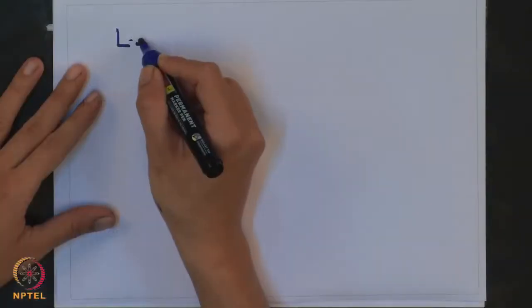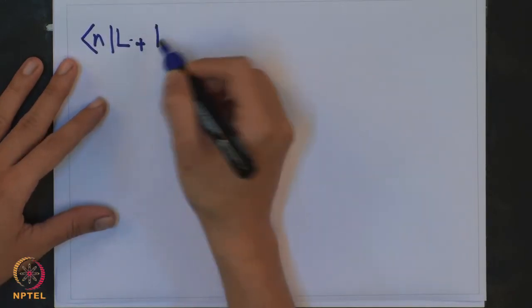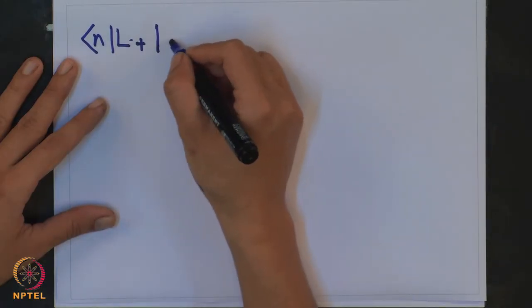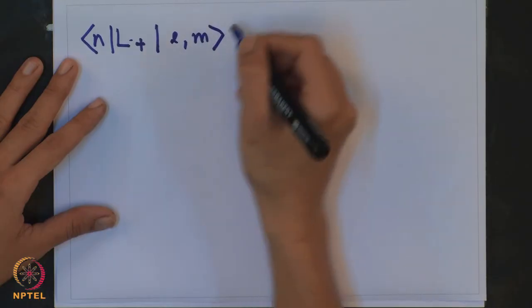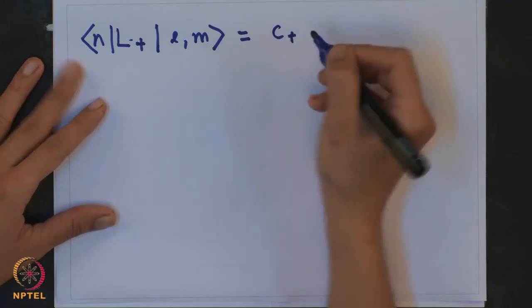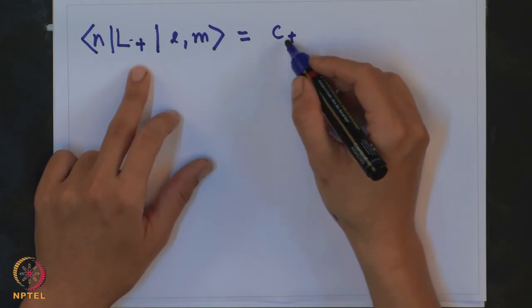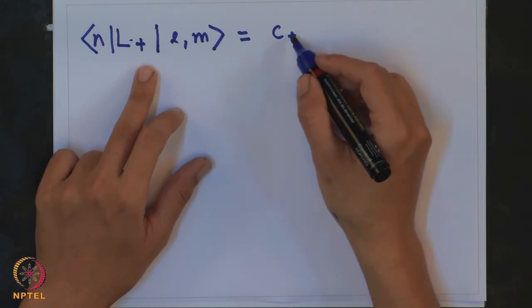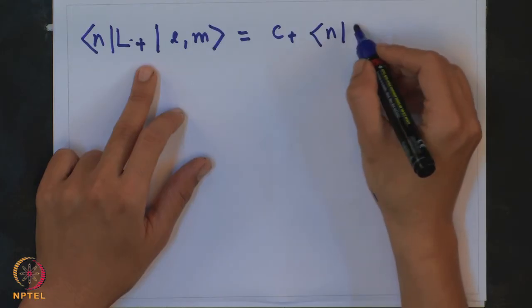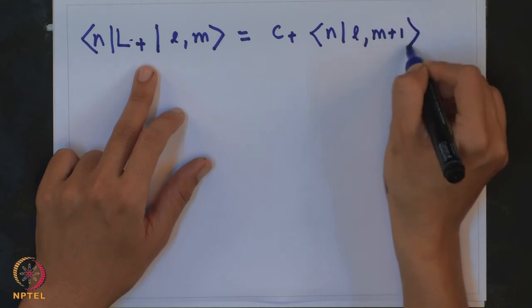L plus on L m would give us C plus, a Clebsch-Gordan coefficient for L plus, let me call it C plus, and then you have N L m plus 1.